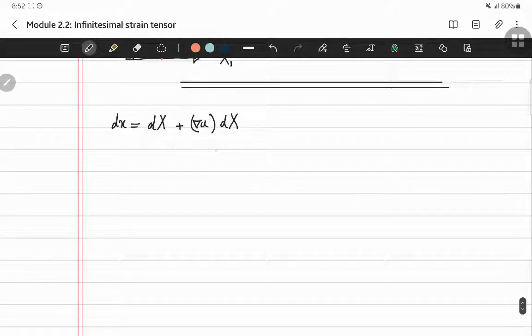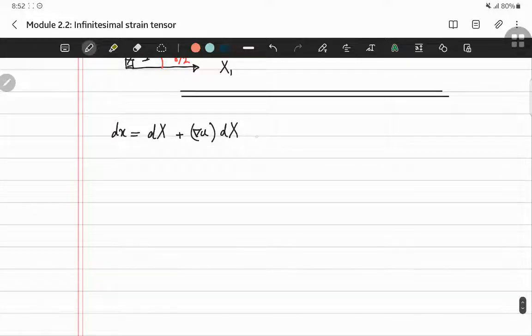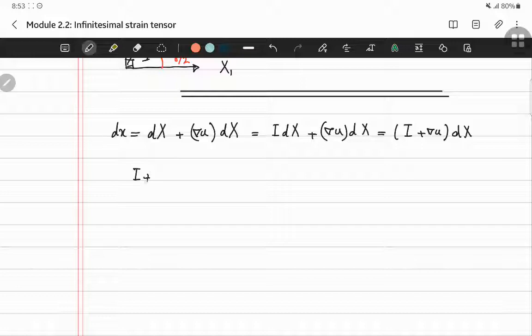If we manipulate this equation, we can write this as I, the identity tensor, sorry, because these are all tensors, dX plus del u dX, and I can factor out I plus del u from here, dX.